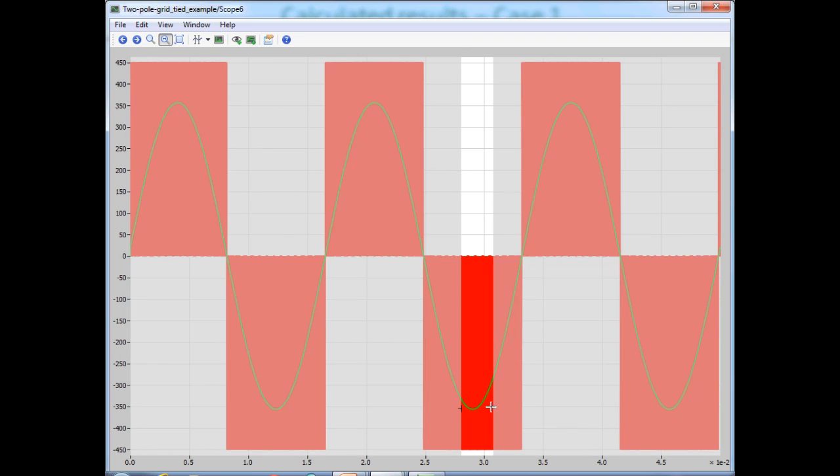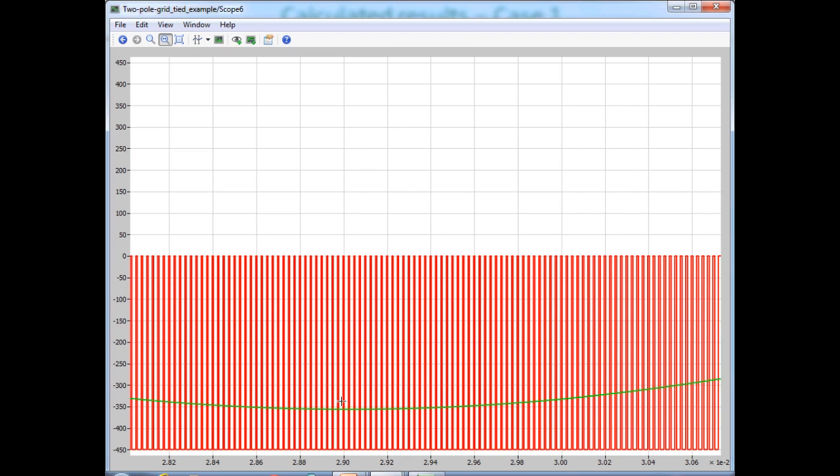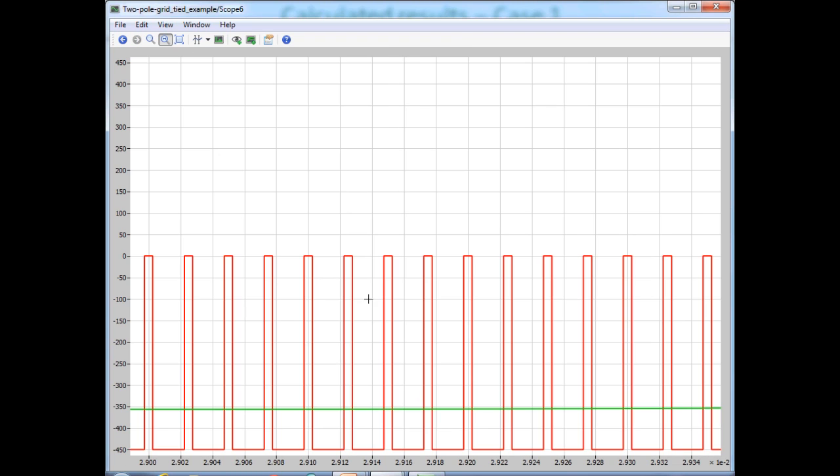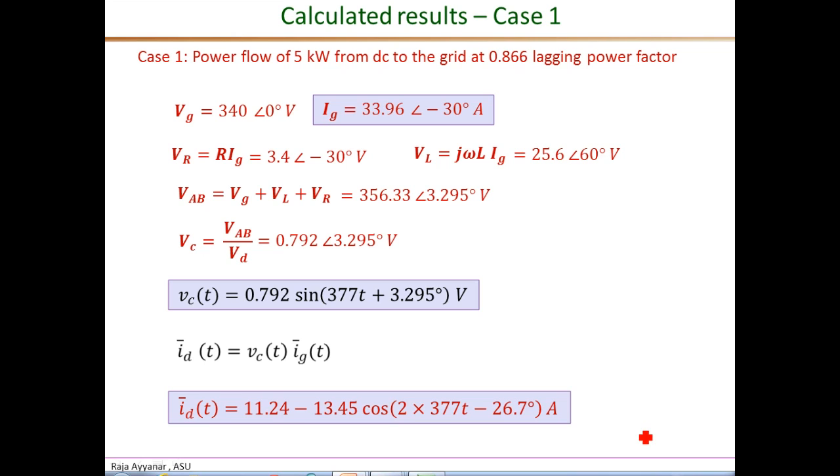Okay, so this is the negative peak. Again, you can clearly see that the pulses are now switching between minus 450 and 0. The average of that, not sure if we zoomed in exactly at the negative peak, is around the minus 356 that we expected.